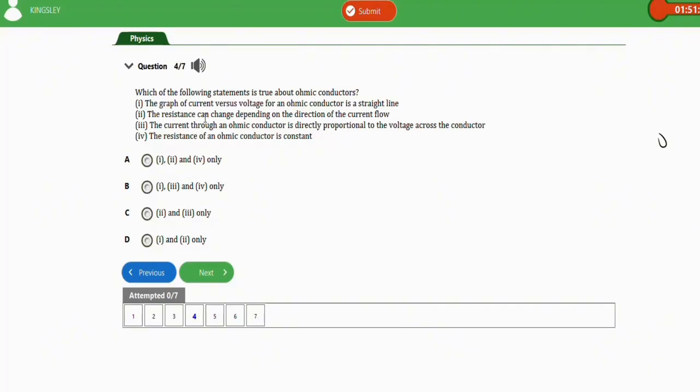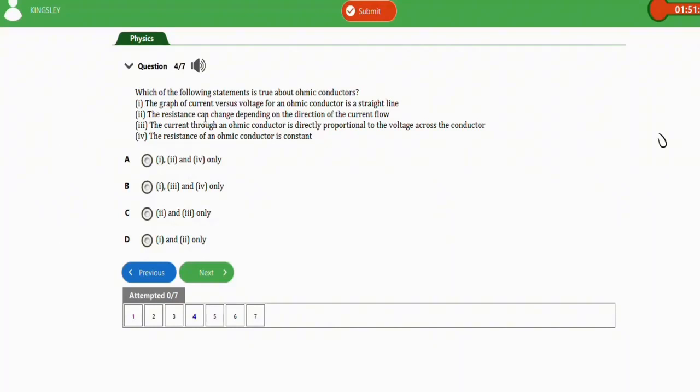IV, the resistance of an ohmic conductor is constant. So the correct option to this question is option B, I, III and IV. So the exception here, or the one that's not correct, is II, which is the resistance can change depending on the direction of the current flow.